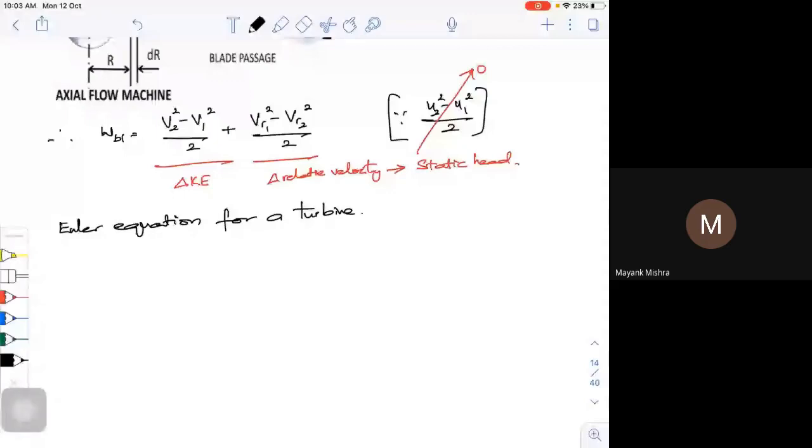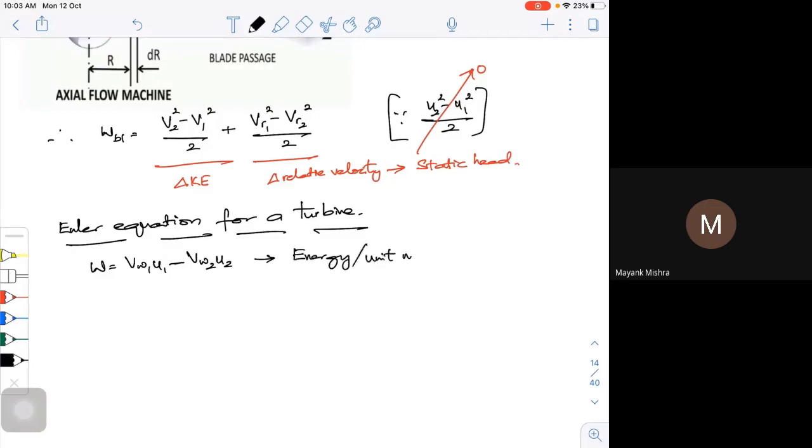If I write it, I can write W is equal to VW1 into U1 minus VW2 into U2. This is the equation that I have. This is the energy per unit mass, or work done per unit mass.